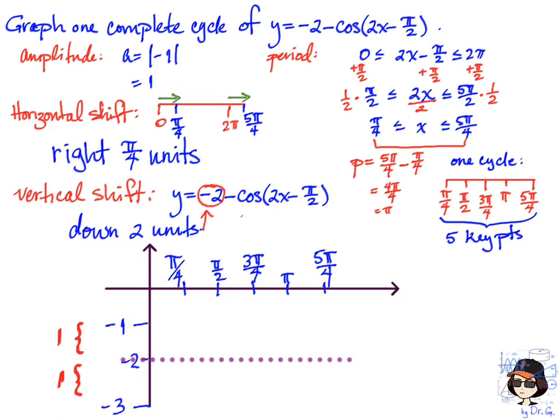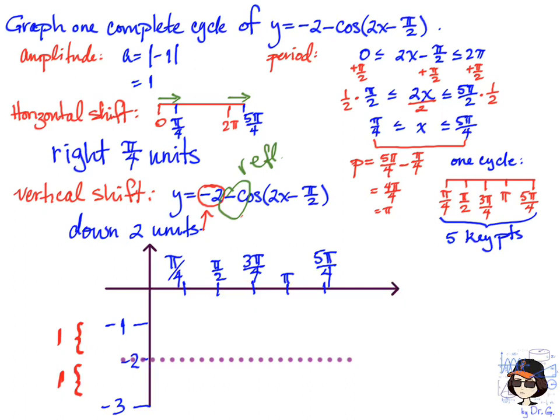Well, the regular cosine function starts at its highest point and goes down. But here, we have a reflection. If you look at the equation, that minus sign in front of the cosine means we do have a reflection. And so that means we're going to be starting low and going up.